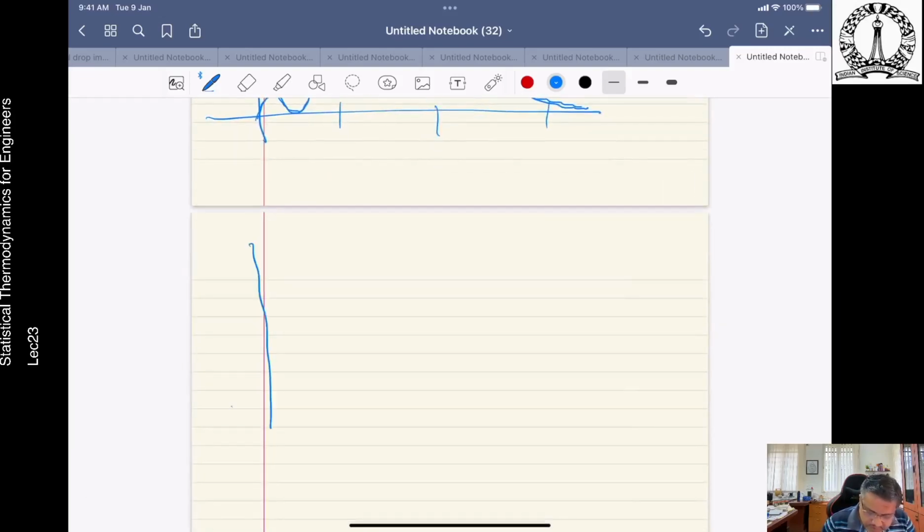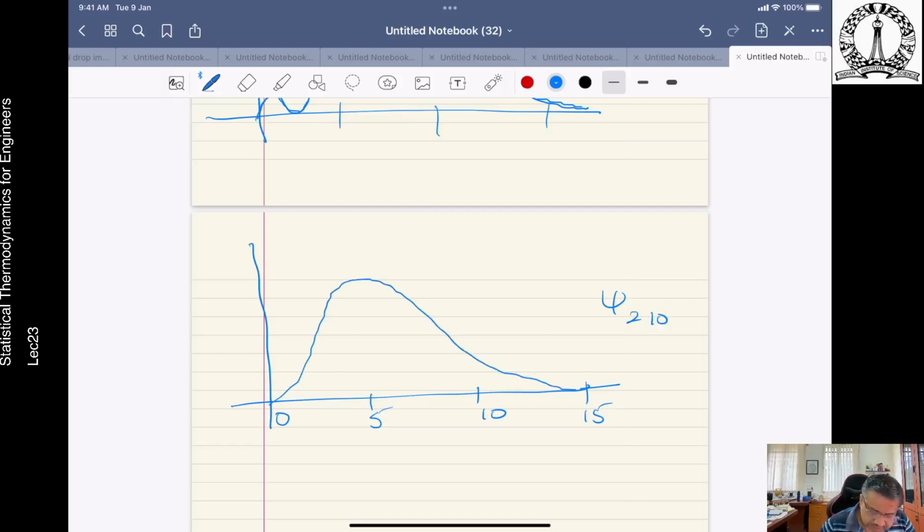And then you write the second one with 0, say 5, 10, 15, stuff like that. This is chi 210, say. So this peaks around 5, and falls like this.